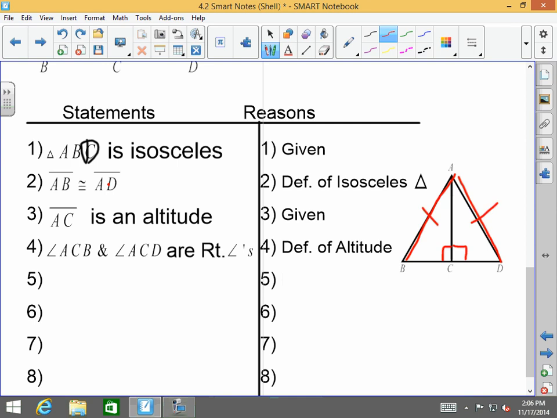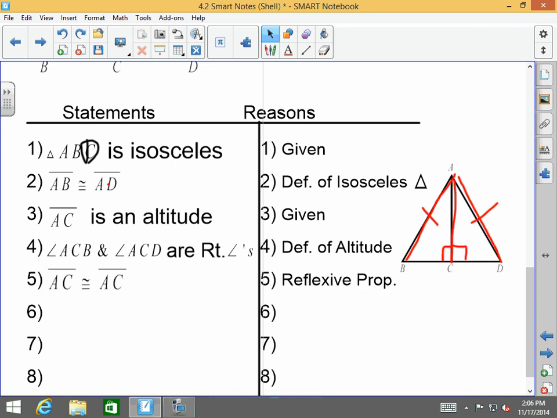If I just go ahead and say that AC is congruent to itself because of the reflexive property, then from there, you're going to have a very easy proof that triangle ACB is congruent to ACD because of HL.